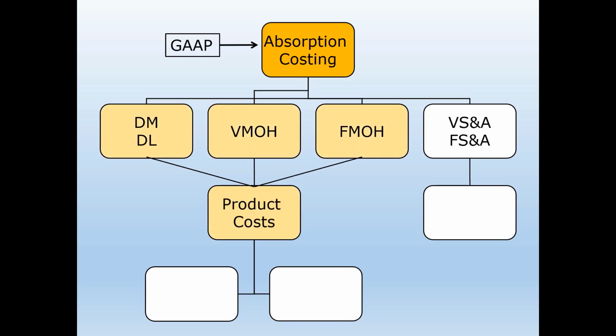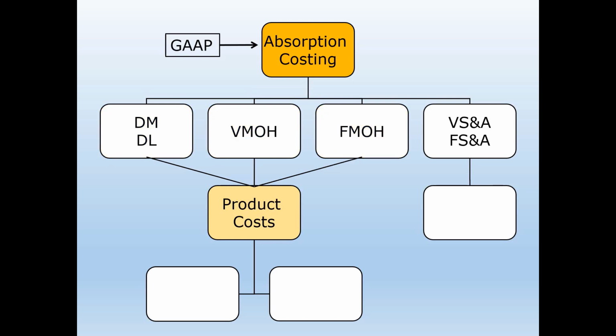Absorption costing gets its name because GAAP requires that each unit produced has to absorb all of the costs associated with its production: direct materials, direct labor, and fixed and variable manufacturing overhead. These are treated as product costs.